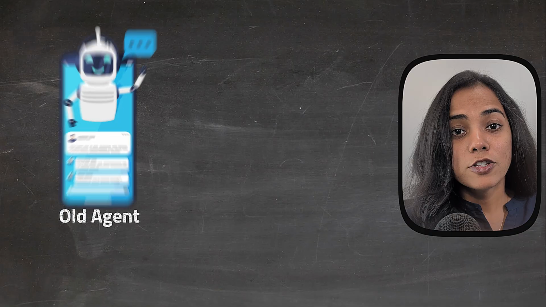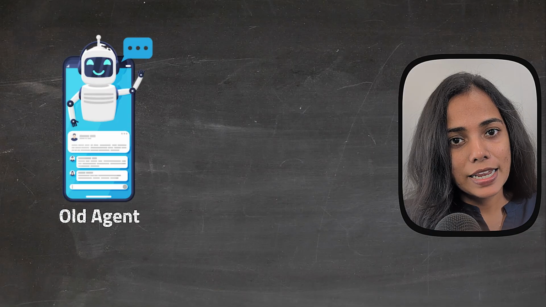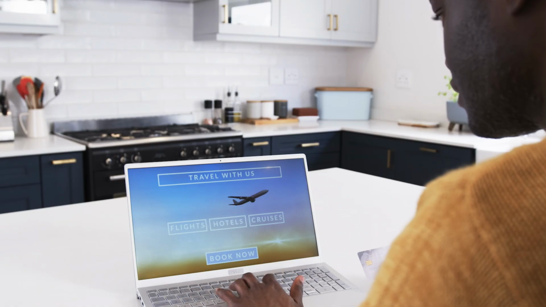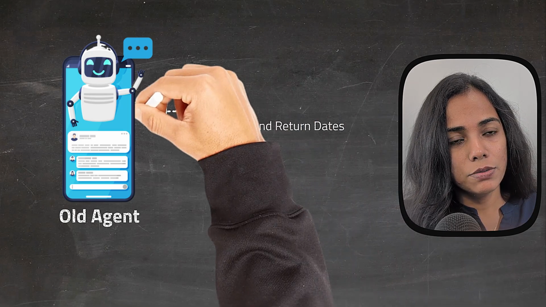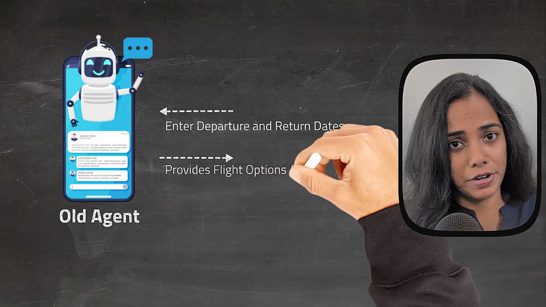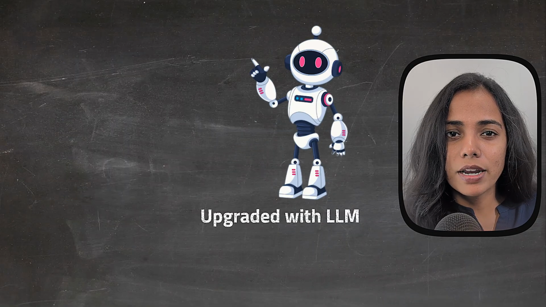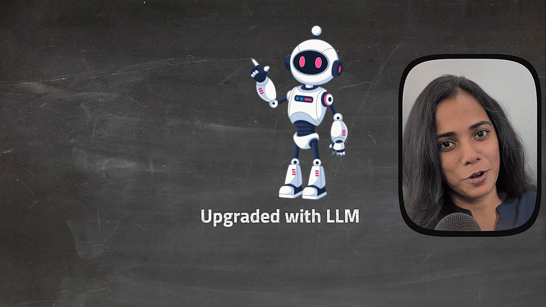That is an upgraded agent, which doesn't just control the temperature, but it gives you options while trying to optimize for you and help you save money. So here is another example. Let's say there is a travel booking bot where you can enter your dates and it gives you the details of all the flights that are available. Now let's upgrade this agent with a large language model.